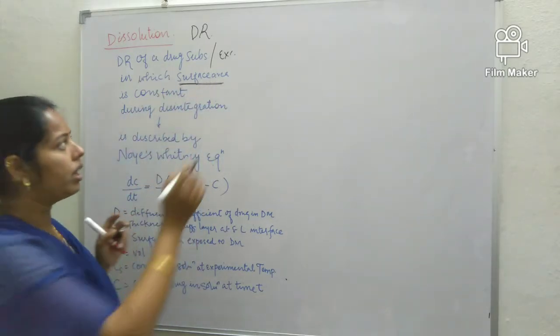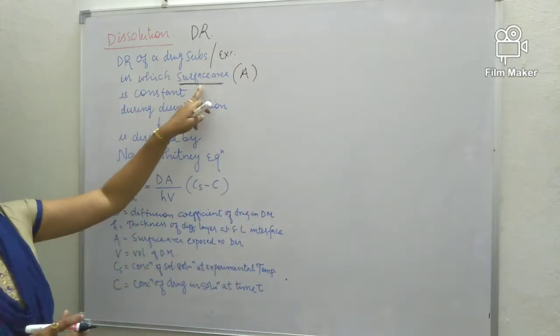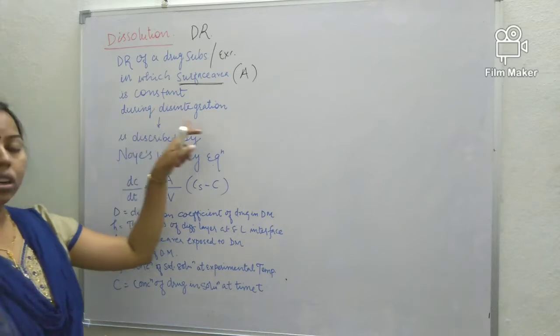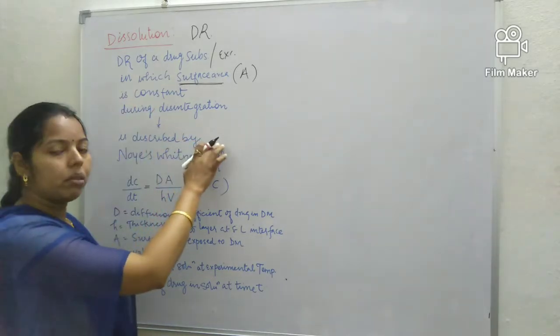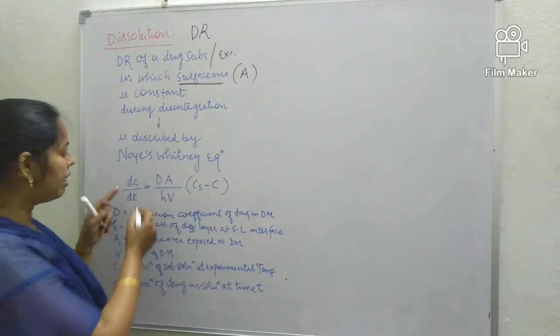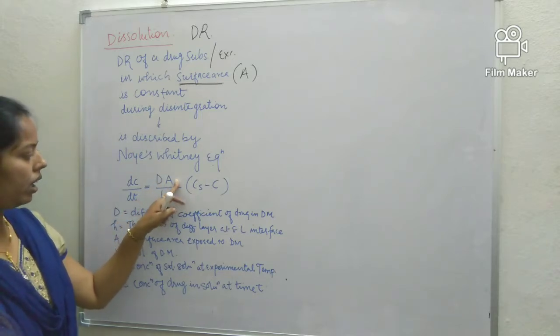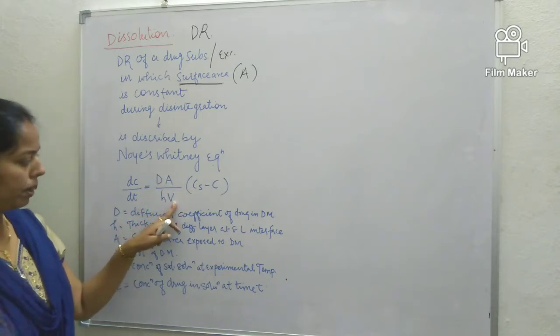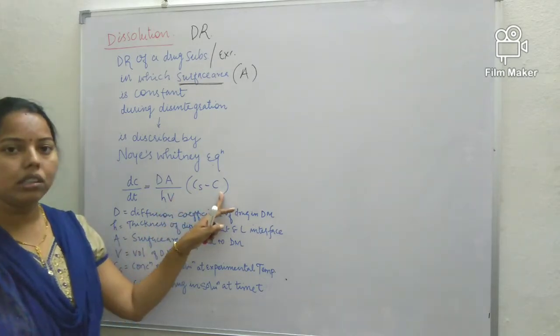The surface area, which is denoted by capital A, is constant during dissolution, and this phenomenon is described by the Noyes-Whitney equation, which is dC/dt = D A / h V (Cs - C).